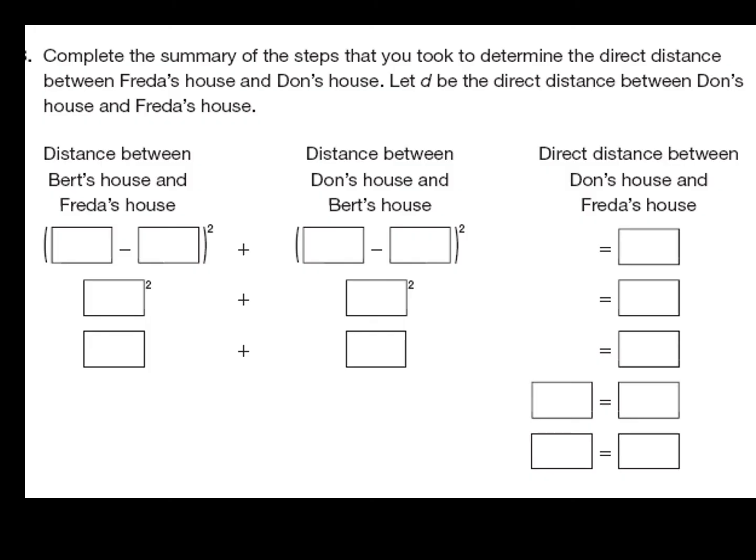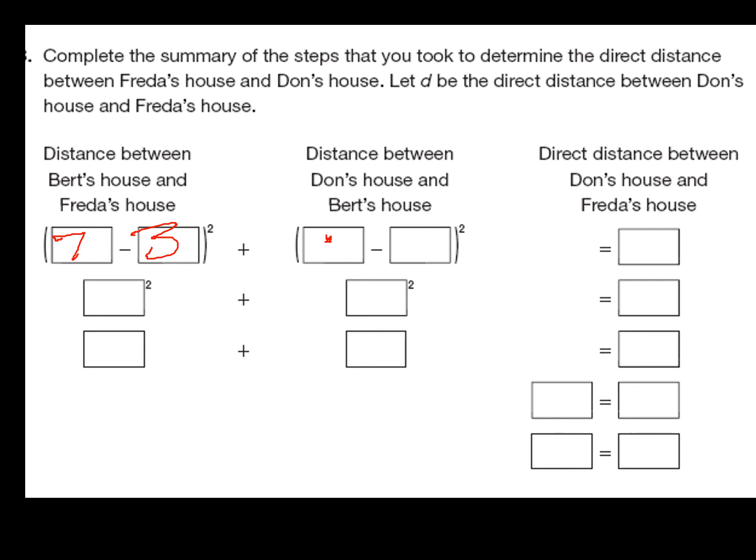All right. Distance formula. Now, how it ties in to the distance formula. Remember this. Bert's house to Frida's house. The distance between Bert and Frida, straight across from 7 to 3.